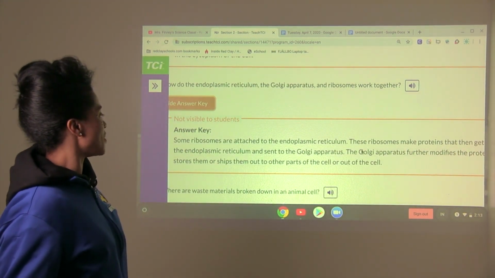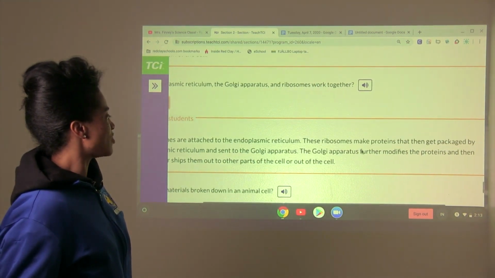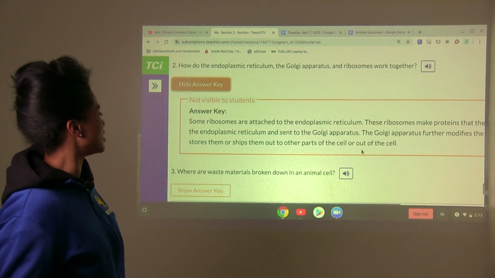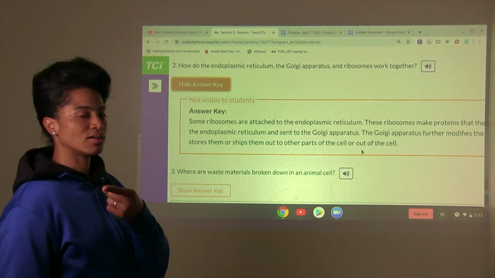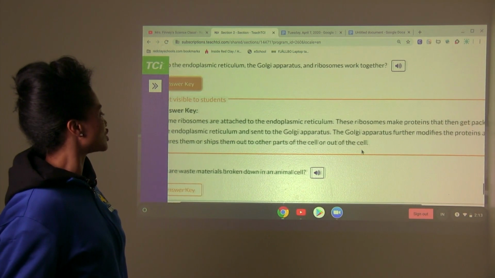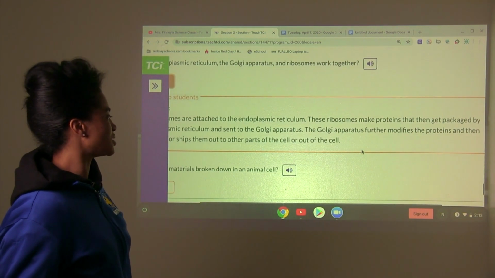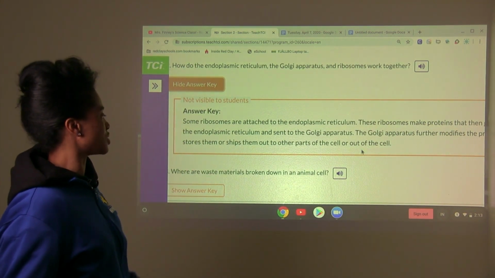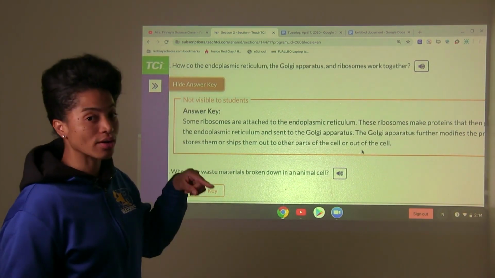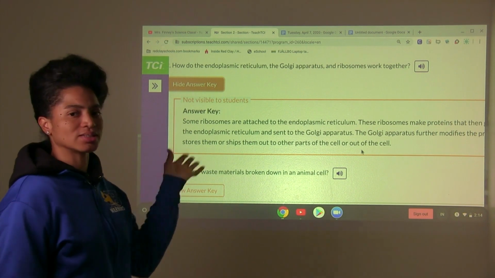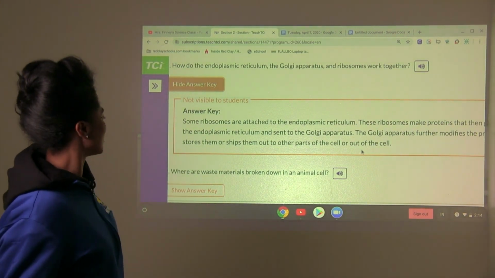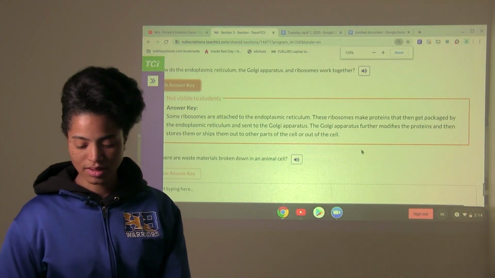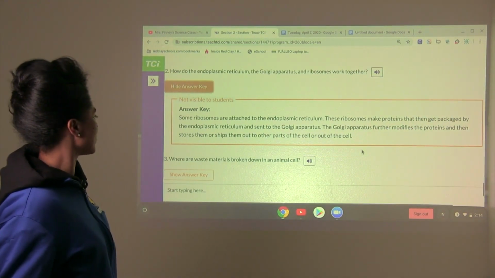These ribosomes make proteins that then get packaged by the endoplasmic reticulum and sent to the Golgi apparatus. The Golgi apparatus further modifies the proteins and then stores them or ships them out to other parts of the cell or out of the cell. Golgi apparatus has a few different decisions to make, right? Make sure you have this written down.